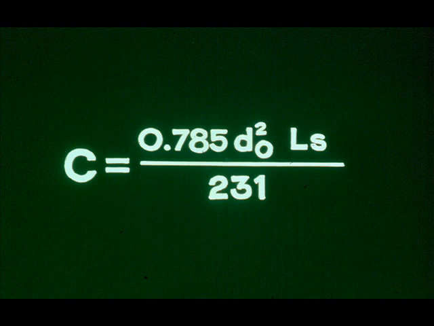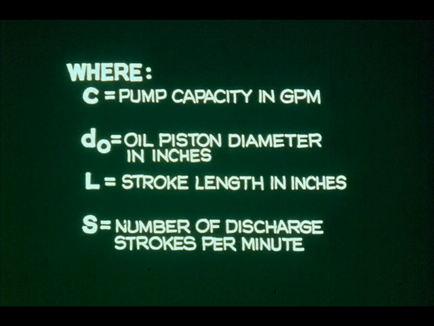You can calculate pump capacity by the formula C equals 0.785 times D sub O squared times L times S over 231, where C equals pump capacity in gallons per minute, D sub O equals oil piston diameter in inches, L equals stroke length in inches, and S equals number of discharge strokes per minute.